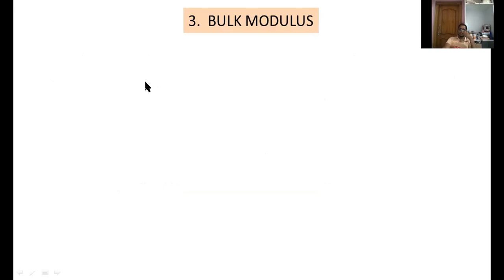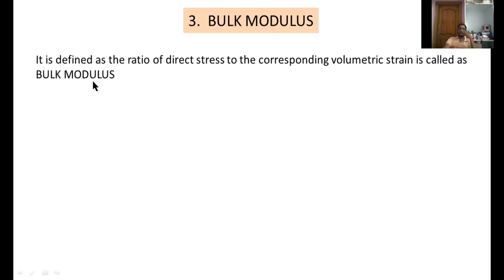The definition for bulk modulus is: the ratio of direct stress to the corresponding volumetric strain is called bulk modulus. Here the direct stress is denoted by symbol sigma, and volumetric strain is denoted by symbol epsilon v.